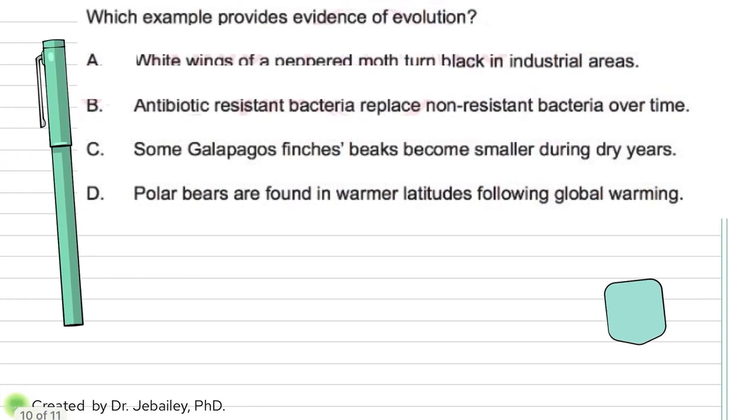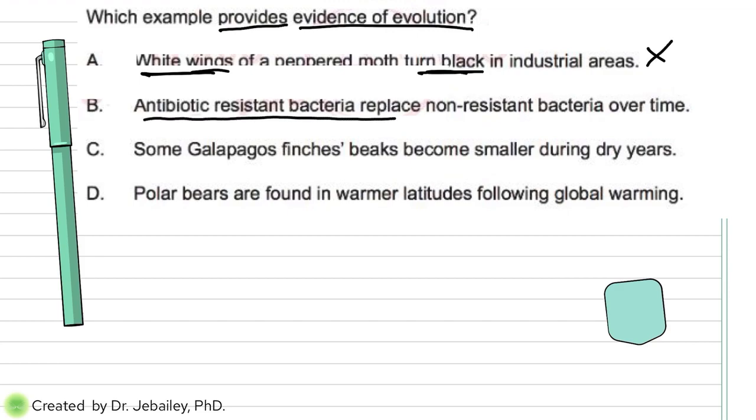And we come to the last question for 5.1. It says, which example provides evidence of evolution? Here, the white wings of the peppered moth turn black in the industrial area. They don't turn black; the whites don't turn into black moths, that's for sure. You have white and you have black, one dies and one survives. This has nothing to do with it. Antibiotic-resistant bacteria replace non-resistant bacteria over time.